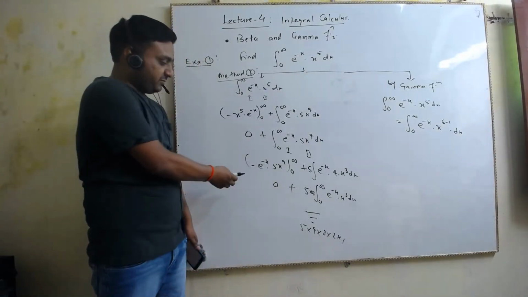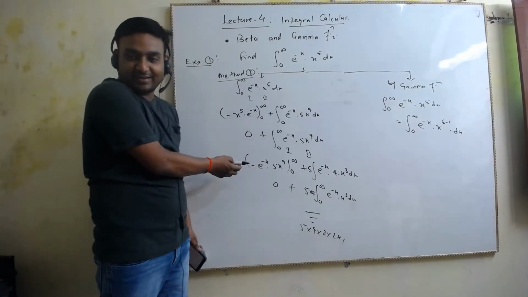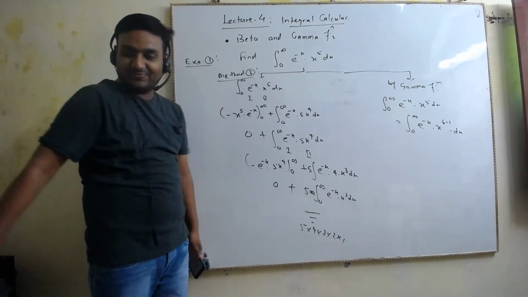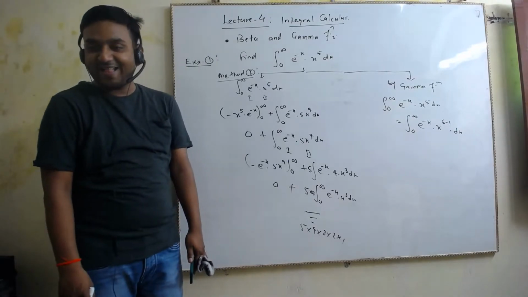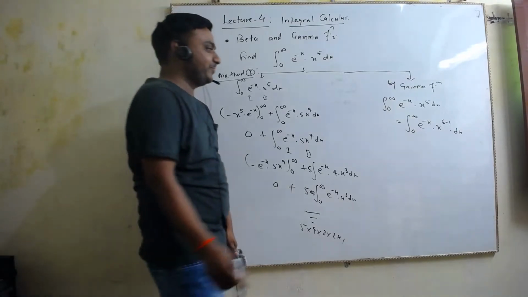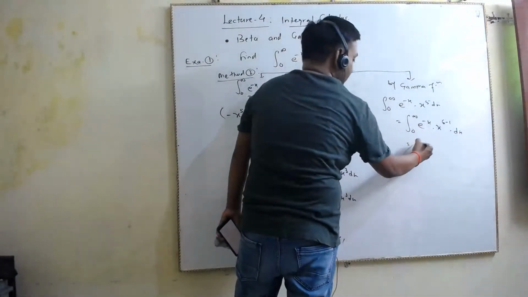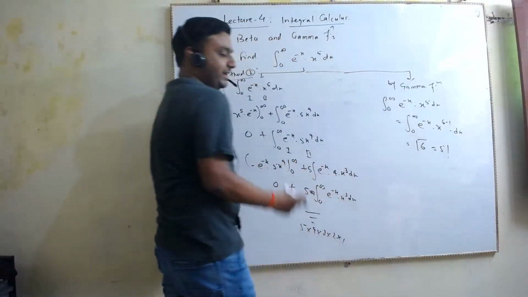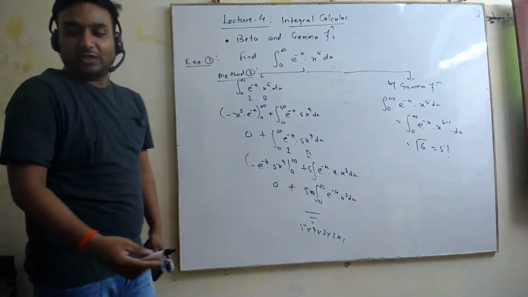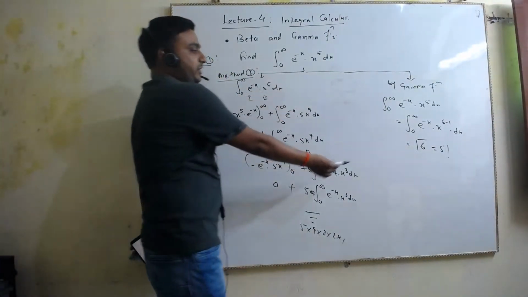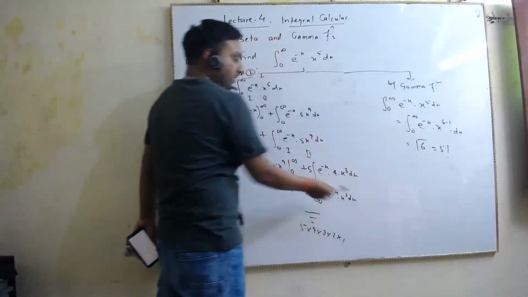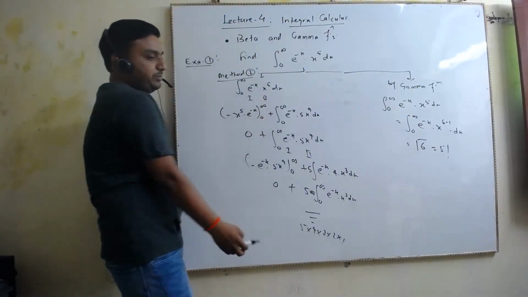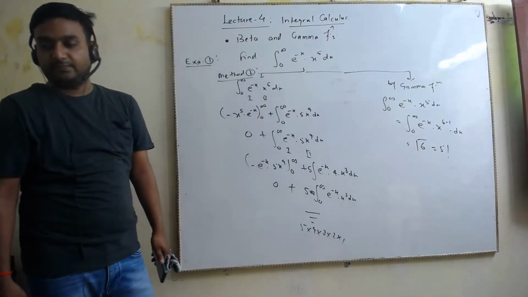So this will be gamma 6. Gamma 6 is nothing but 5 factorial, right? So if you know the definition of the gamma function, this is just a one step answer. Otherwise, suppose x power 10 happens here, you will end up with 10 iterations.